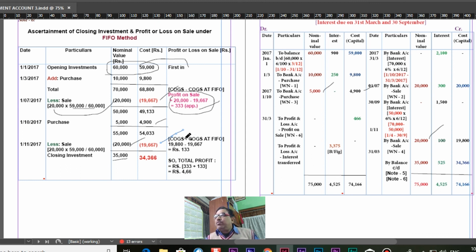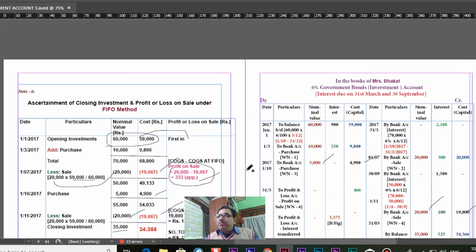And here, cost of goods sold of 20,000 bonds was 19,800. Therefore, 19,800 minus 19,667 and we got 133. Naturally, it is also a profit and the last one was also a profit. Therefore, add two profits and we got 466. It is a profit.